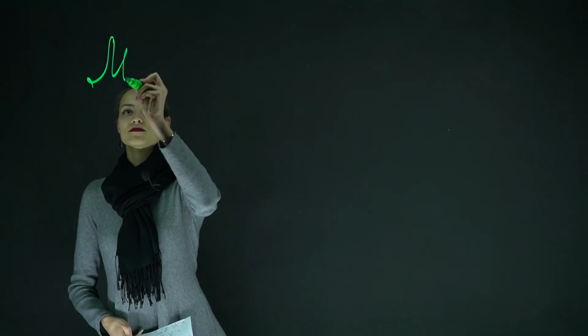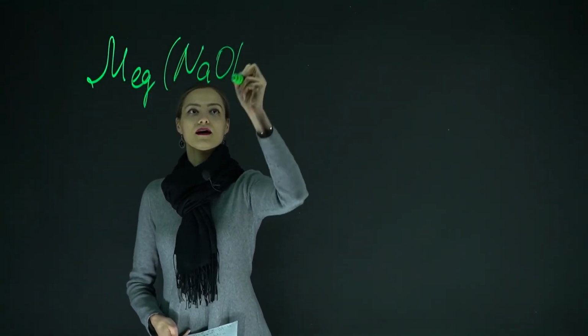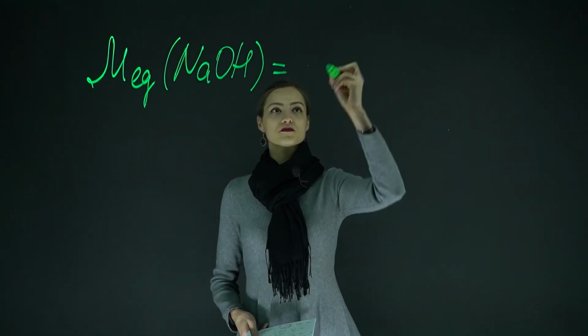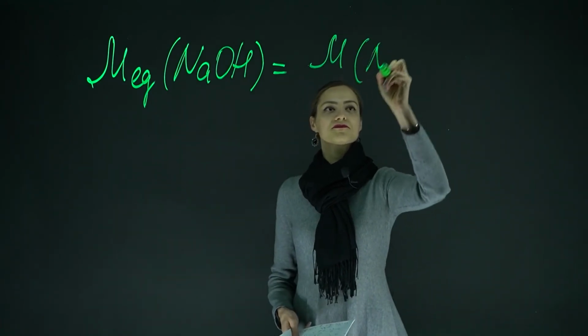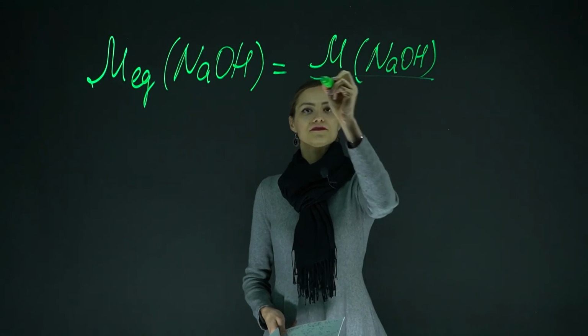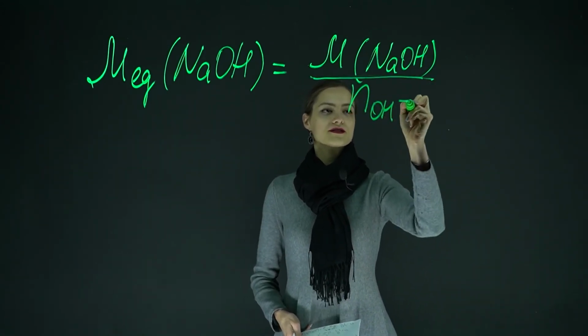For sodium hydroxide, equivalent mass equals, instead of atomic mass, the molar mass of sodium hydroxide divided by the number of hydroxyl ions.